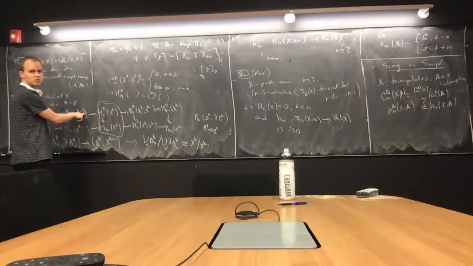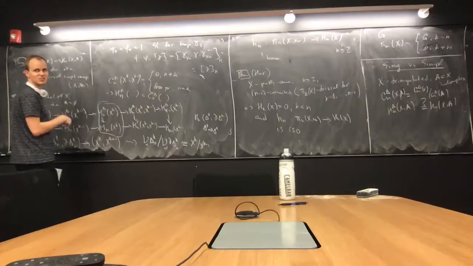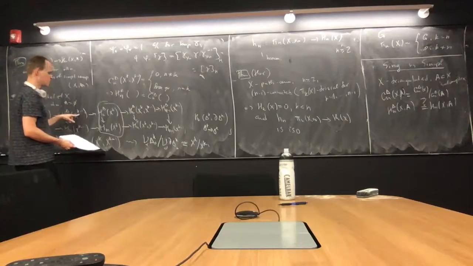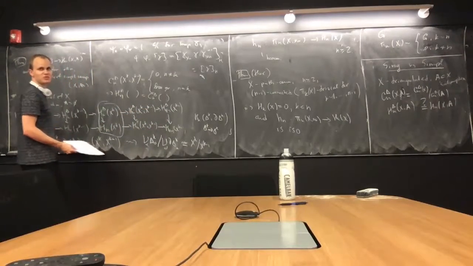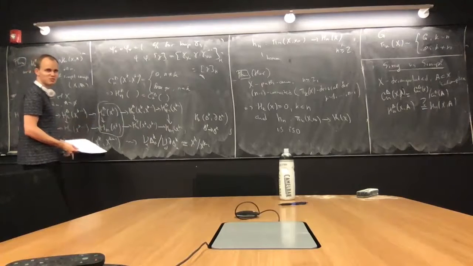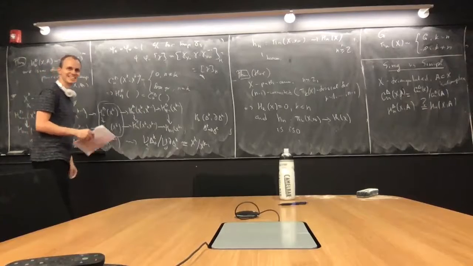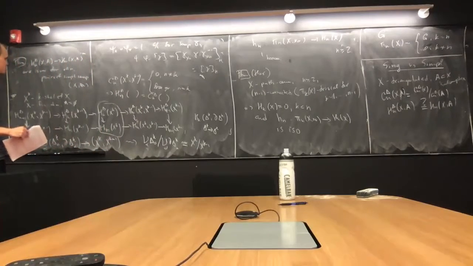So what we can do is induction on k. Let's assume that for k-1 these are already isomorphisms, and these are isomorphisms. By the five lemma, this is an isomorphism, and the theorem is done. And the base case is also trivial.